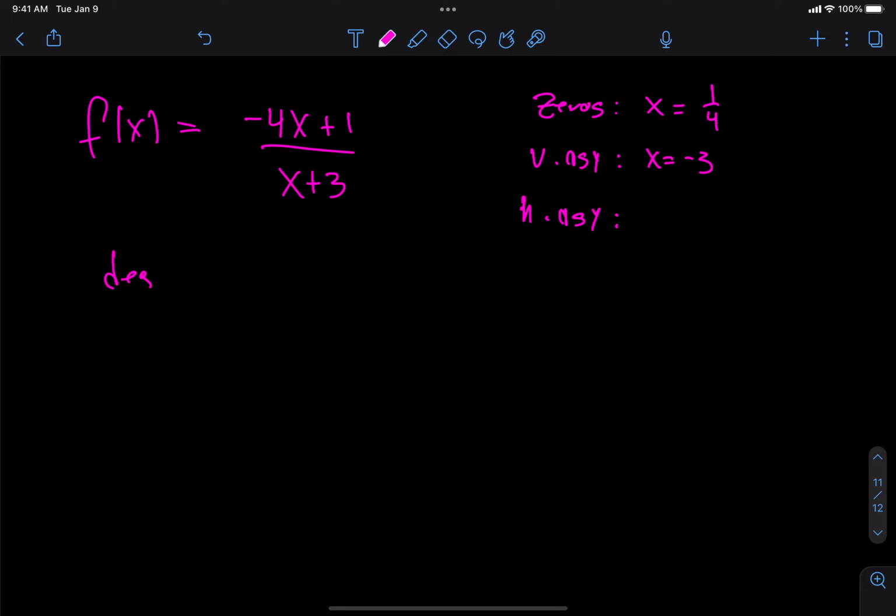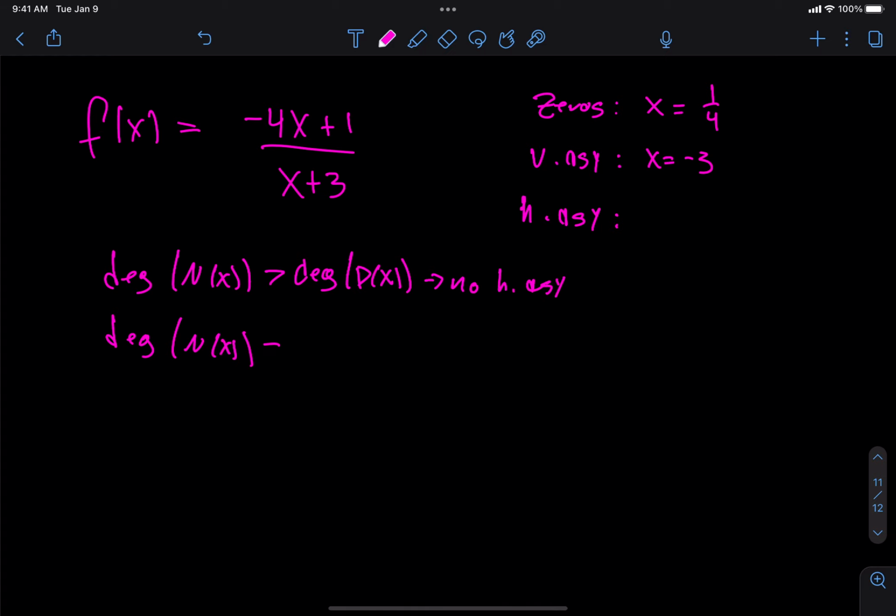So remember, if the degree of the numerator is bigger than the degree of the denominator, then we have no horizontal asymptote. If the degree of the numerator is equal to the degree of the denominator, then we take a_n, which is the coefficient here, and we divide it by b_n, which is the coefficient here.